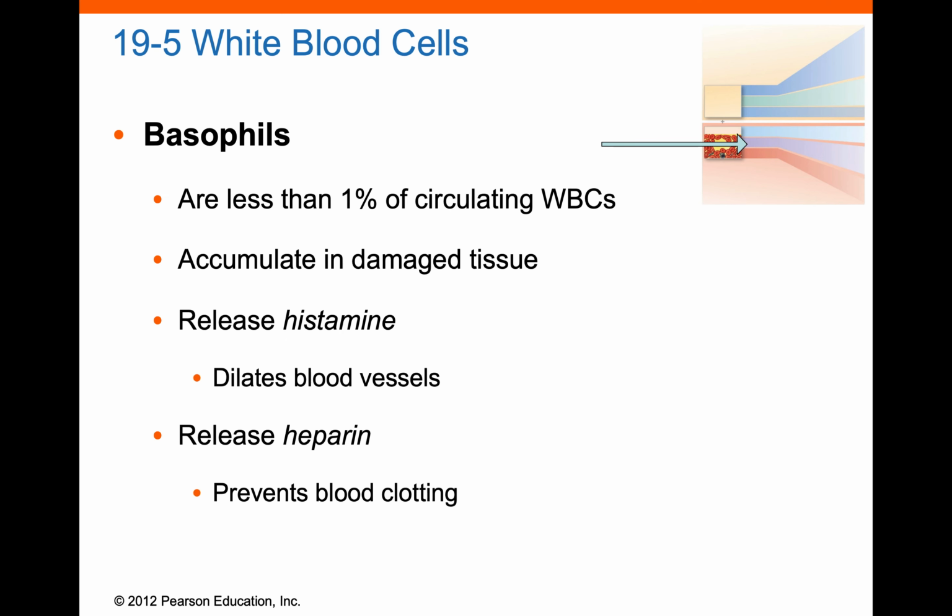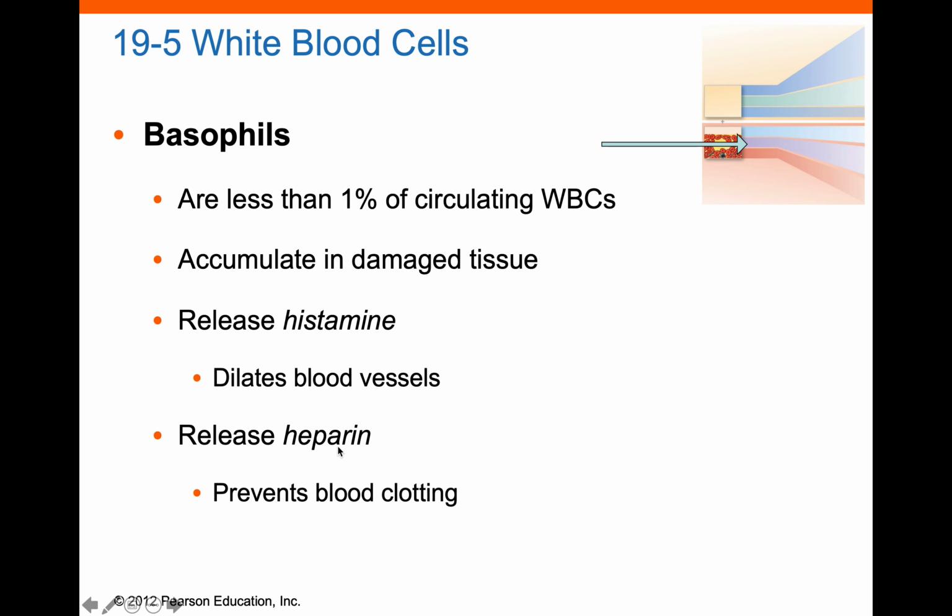Basophils are a very, very small amount. They accumulate in damaged tissues. They are the ones that release histamine that causes dilation. In cases of allergic responses, the basophils release so much histamine that the blood pressure can drop, and you could die of internal bleeding sort of thing. So dilation of the blood vessels means the blood pressure is dropping.